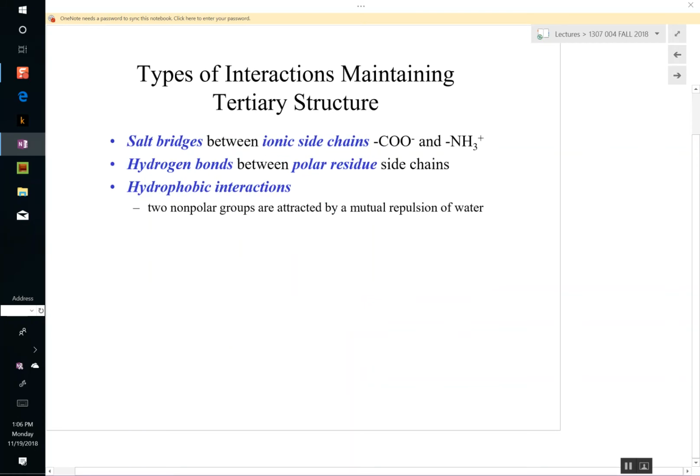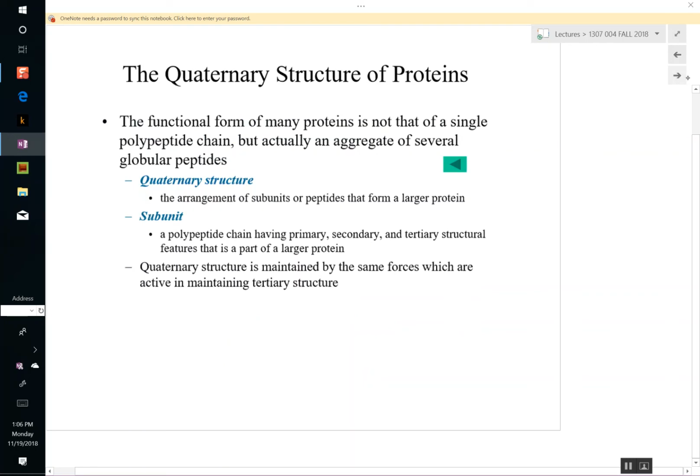Okay, so this is just mentioning some of those. Okay, just to mention quaternary structure. Simple proteins are going to be defined by their primary, secondary, and tertiary structure, and we're going to end it right there. Simple means a single protein molecule.